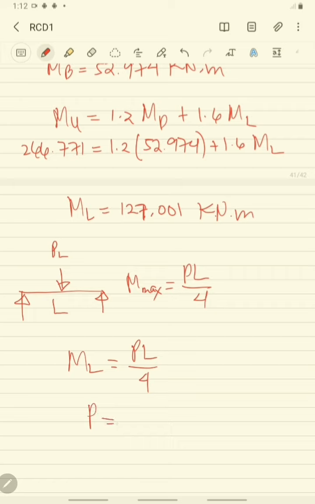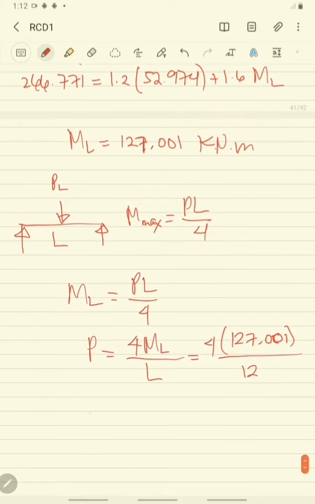So your concentrated load at midspan is equal to 4M over L. We have 4 times 127.001 divided by 12. So this is equal to 42.333 kilonewton, and therefore this is the answer.